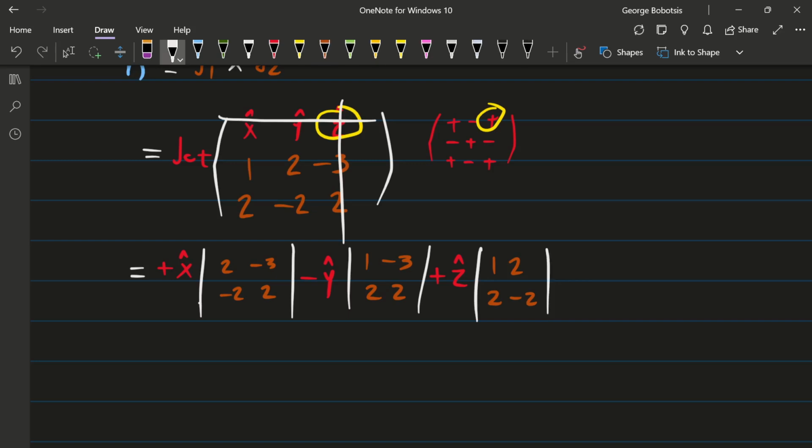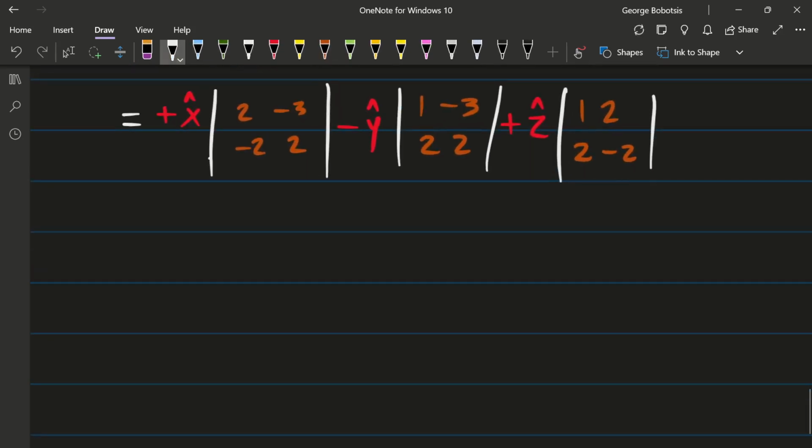The 2 by 2 determinants, I taught you that you just do the subtraction of the product of the diagonals. 2 times 2 is 4, minus that product's the 6. 4 minus 6 is negative 2. So negative 2 is the x hat component right now.